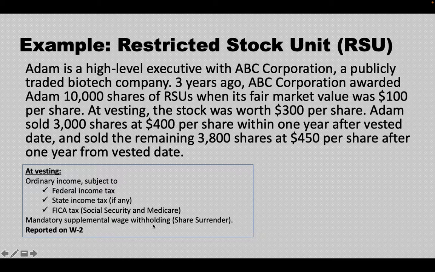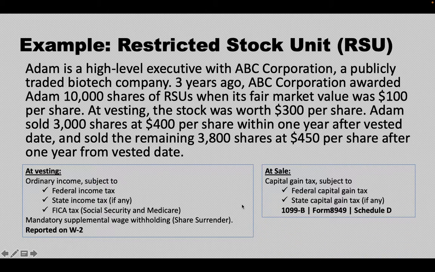Basically, this is ordinary income, and the IRS has a requirement for mandatory supplemental wage withholding. Many companies use share surrender, selling some shares to cover your tax withholding. When you have vesting, that income is reported on your W-2.